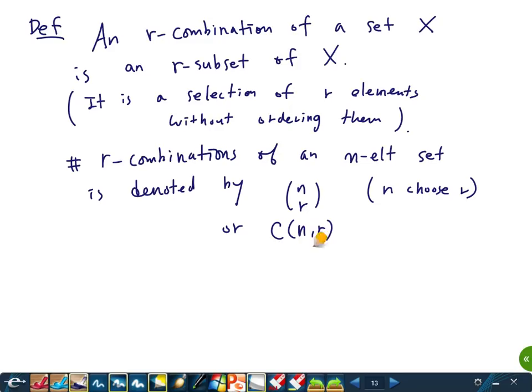I think it is written in the textbook like this. Or maybe in high school you have learned this as like this. Maybe you are more familiar with this notation. But these are also used very often. Sometimes I will use this or this or this, but mostly I will use this because I think this is used very commonly in mathematics.